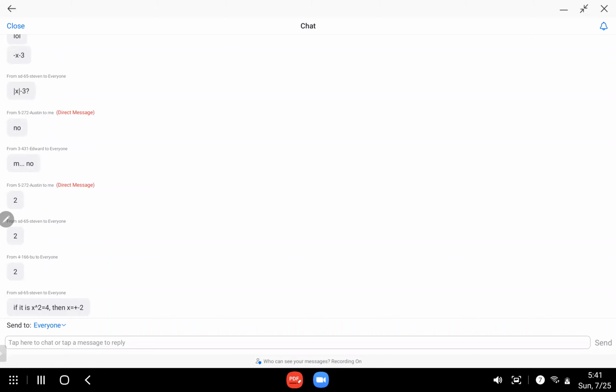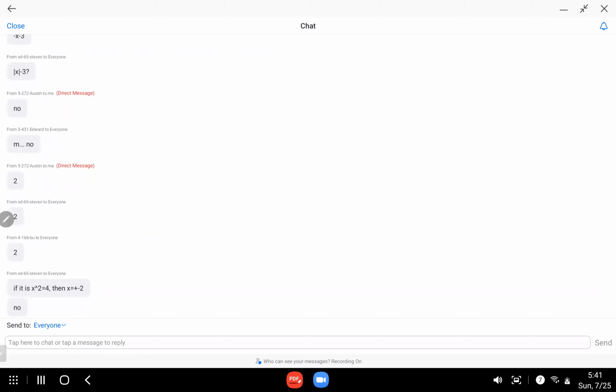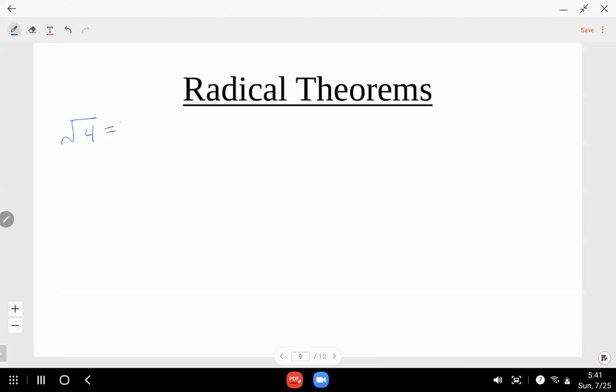Okay. X equals plus minus 2. All right. But we're not doing that, right? This is with just numbers. There is no X. So, therefore, it just equals 2.